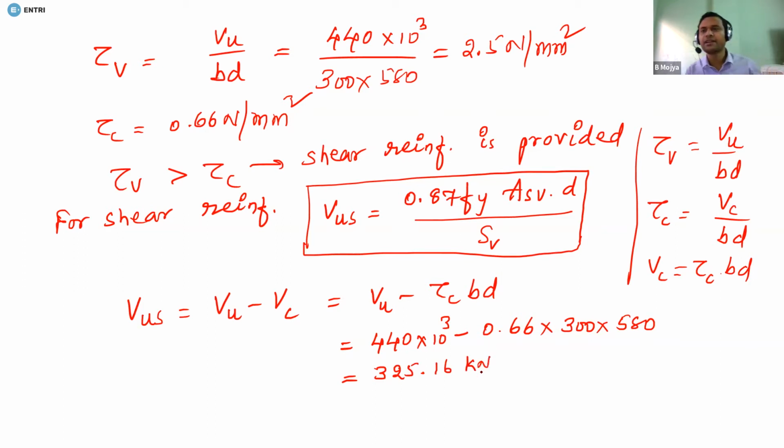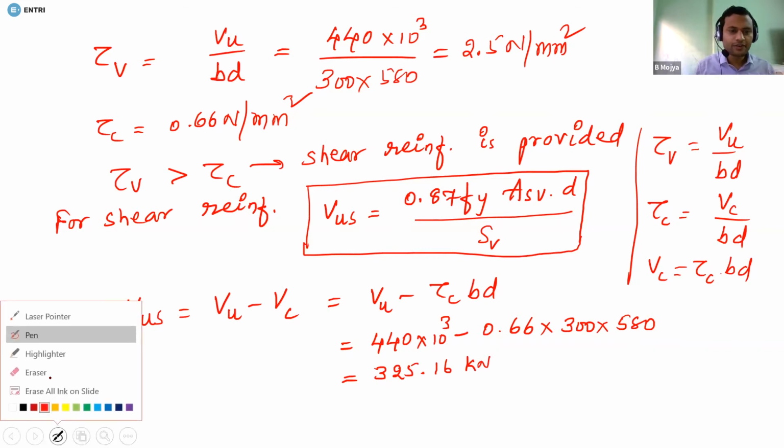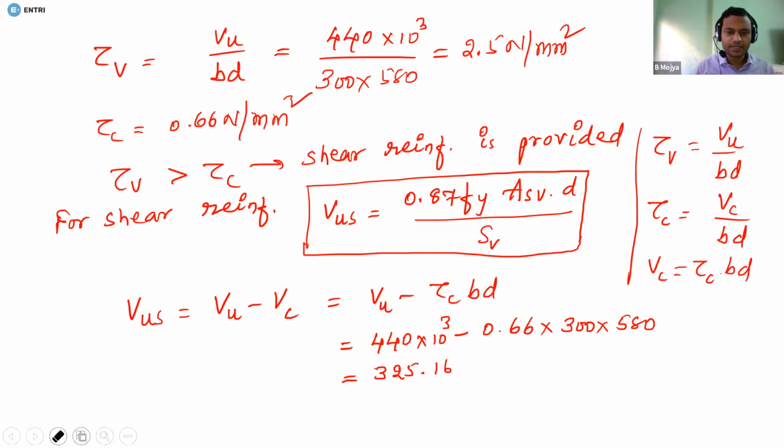I have converted it into kilonewtons, but if you want, you can write it in newtons, not a problem. Or better, we will write it in newtons by taking 10 to the power 3 newtons. So everything is set to determine the spacing of the stirrup.